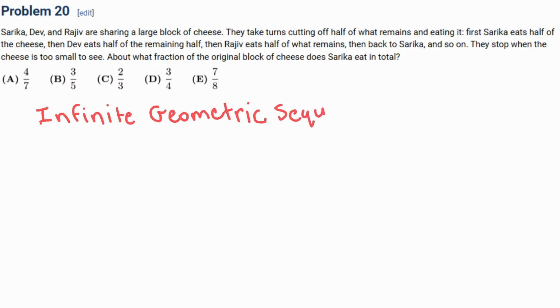But first, let's quickly cover what a normal geometric sequence is. In a geometric sequence, let's take 1/3, 1/9, 1/27, and 1/81. In a geometric sequence, the common factor or the multiplier between two adjacent elements is always going to be the same. That can be more than one, less than one, negative, positive, anything.